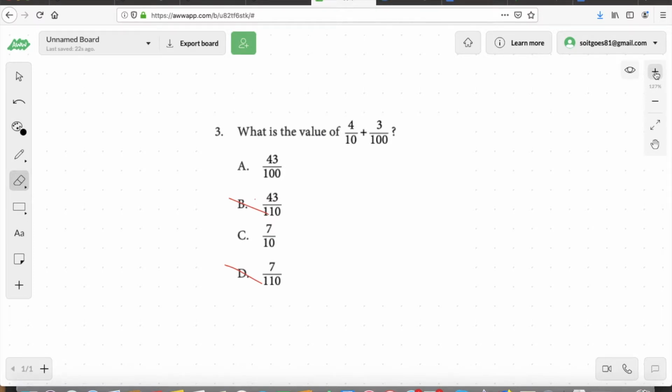Right, and we talked about it right off the bat: 4/10 plus 3/100. 3/100 is barely anything. That's just not going to give us anything over a half. It's a small hundredth. It's just not that big. 3 out of 100 is very, very small. So just feeling this one out, again with logic and basic estimation, we can eliminate answer choice C.